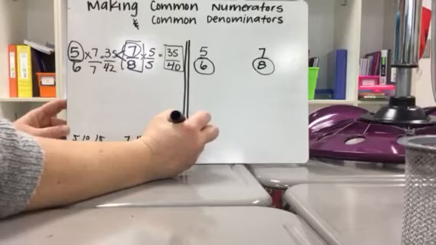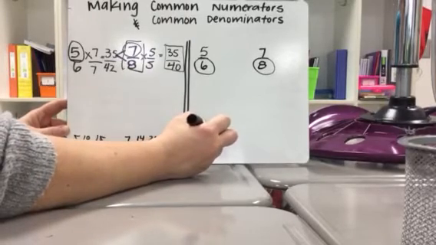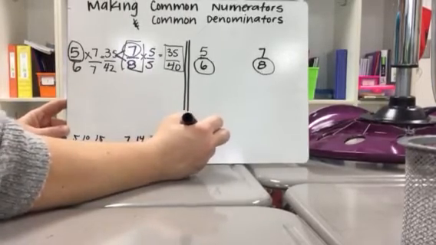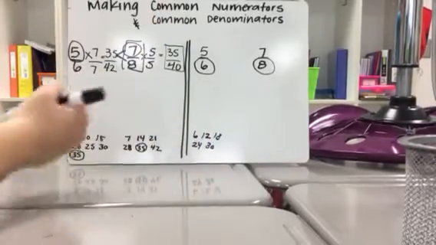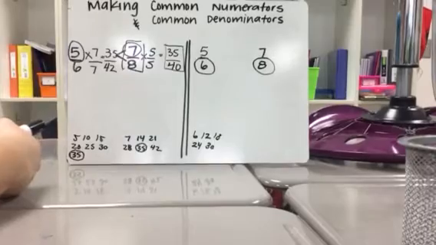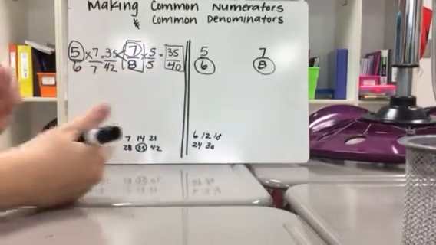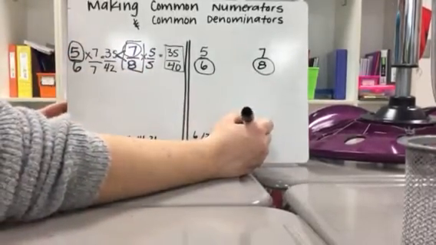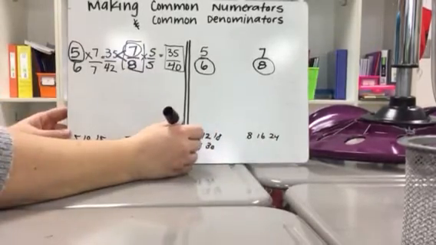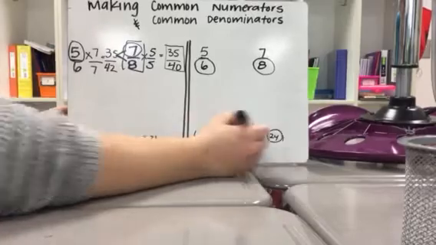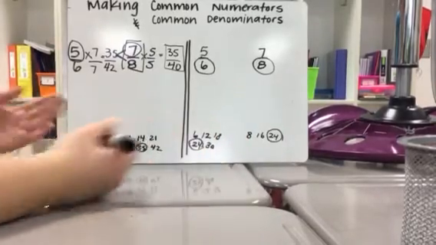So I'm going to do the first few, 6, 12, 18, 24, 30. And again, this is where it helps to know your math facts because some fourth graders can already see where it's going to happen. And now let me count by 8. 8, 16, 24. Oh, since I was keeping my eye on it, I don't even have to go any further because I see it's going to become 24ths.